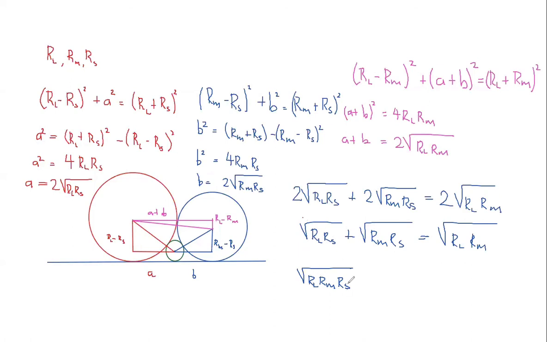So these will cancel. So RL and RS cancel to leave you with 1 over root RM plus, this will cancel and this will cancel, 1 over root RL is equal to, this will cancel, 1 over root RS.